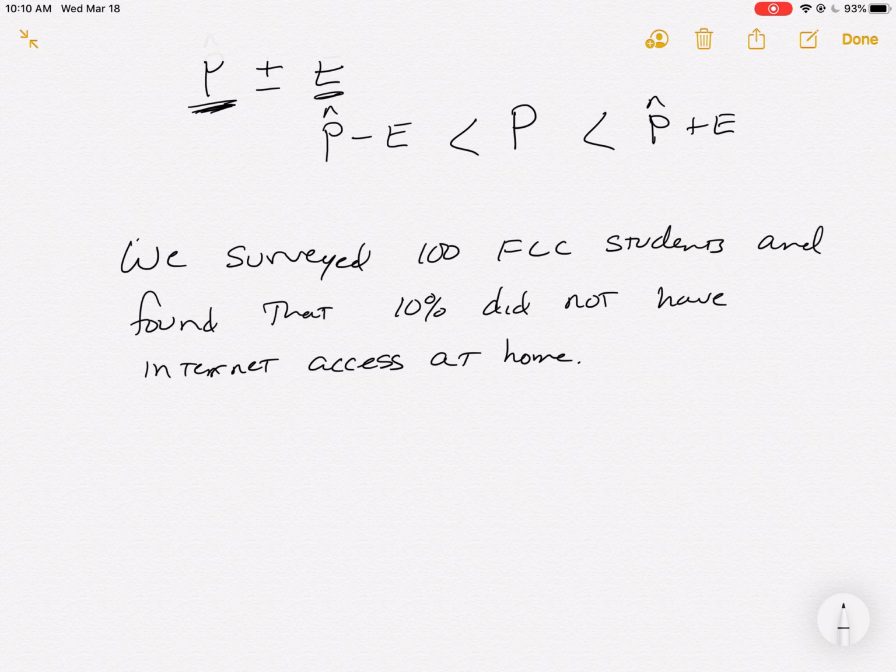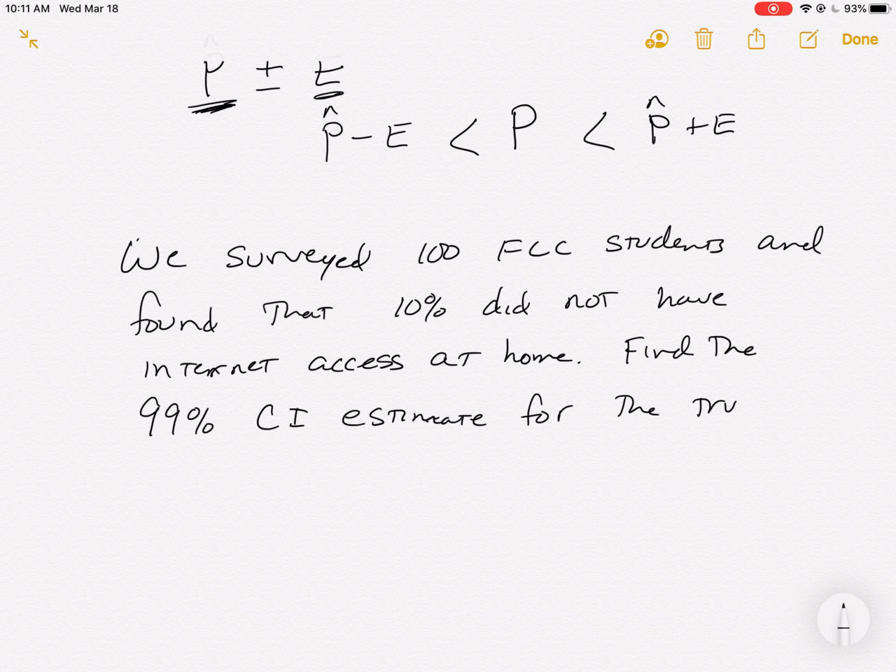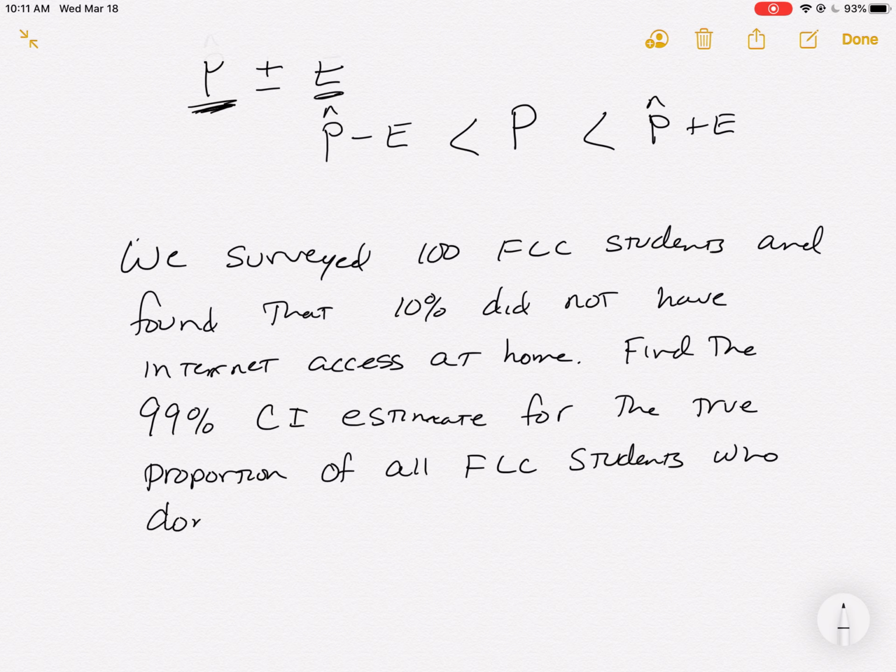And they're going to ask a question like this. Find the 99% confidence interval estimate for the true proportion of all FLC students who don't have internet access at home.